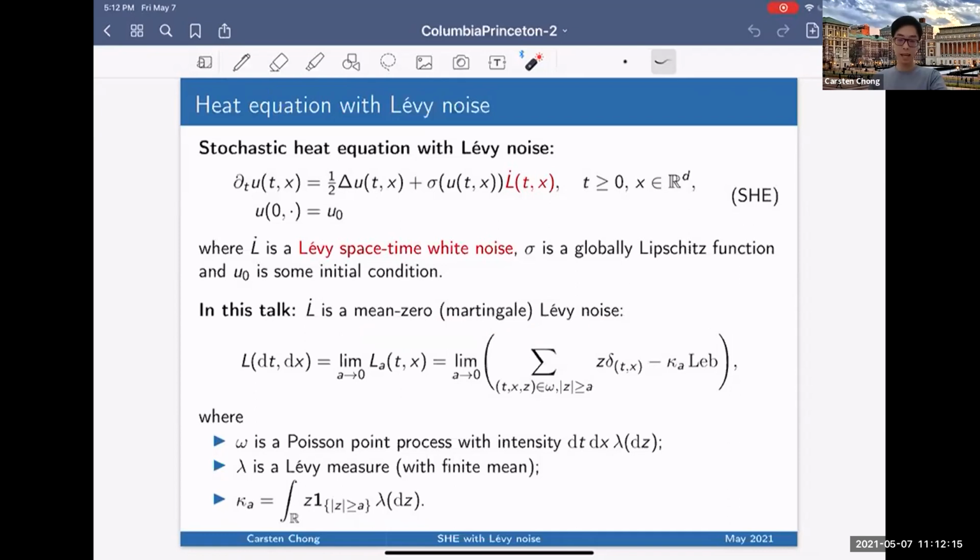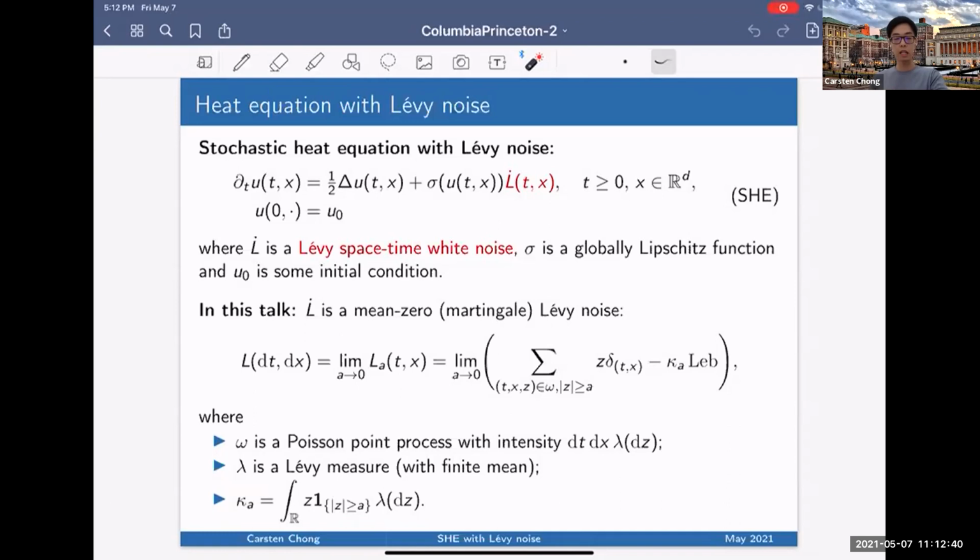What you do is you consider a Poisson point process, omega, in time, in space, and then you also have a third component which describes the jump sizes. The intensity measure is dt dx in space and time, and the measure that governs the distribution of the jumps is a Lévy measure lambda.